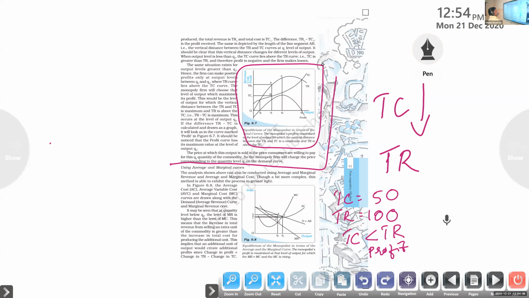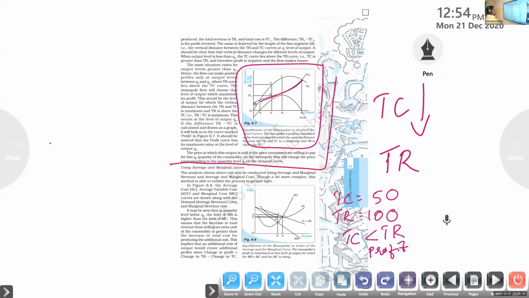Clear? So just imagine what we find here. If the TR curve is higher than the TC curve, definitely it's a profitable business for the firm. If it is lesser than that, it is negative.